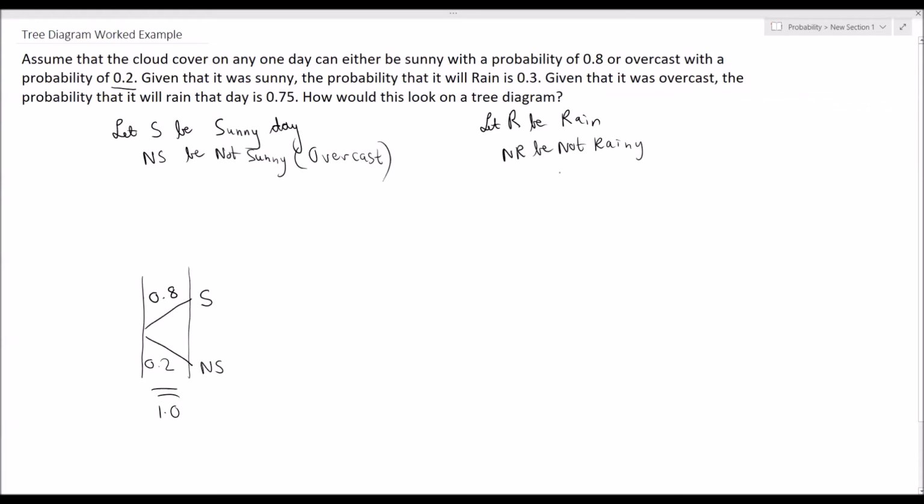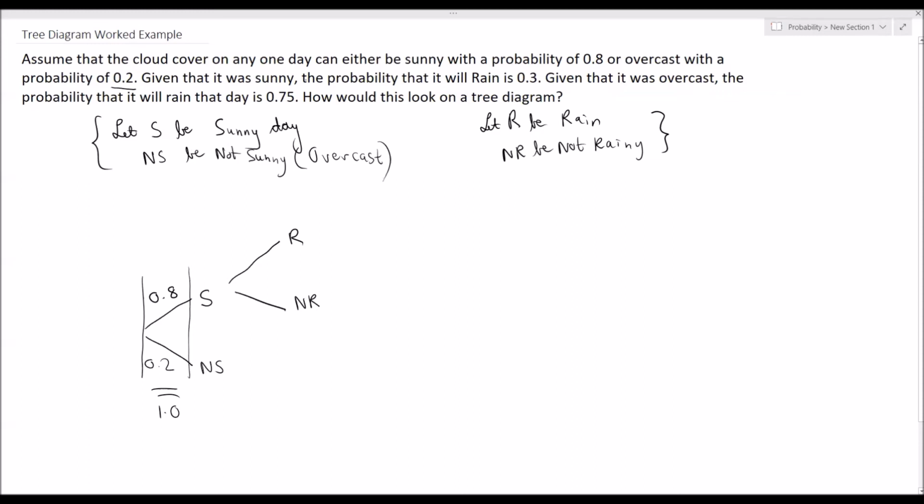This is one of the ways in which you can label your diagram. As long as you have some description of how you're labeling your tree diagram, there should not be any issues, as long as you stick to it. So R represents a rainy day, and NR means that we won't have any rain that day.